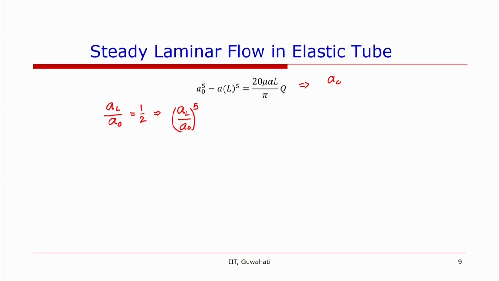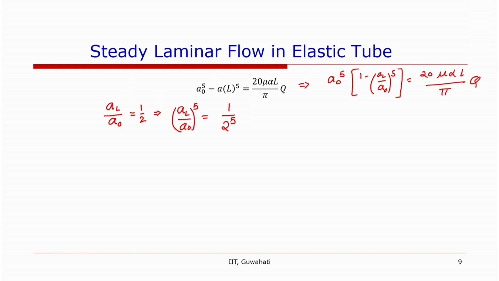A naught to the power 5, 1 minus AL by A naught to the power 5 is equal to 20 mu alpha L over pi Q. So if this is 1, then this number will be 1 over 2 to the power 5.